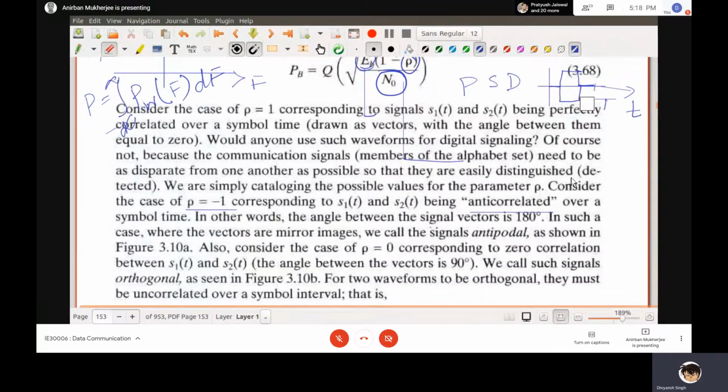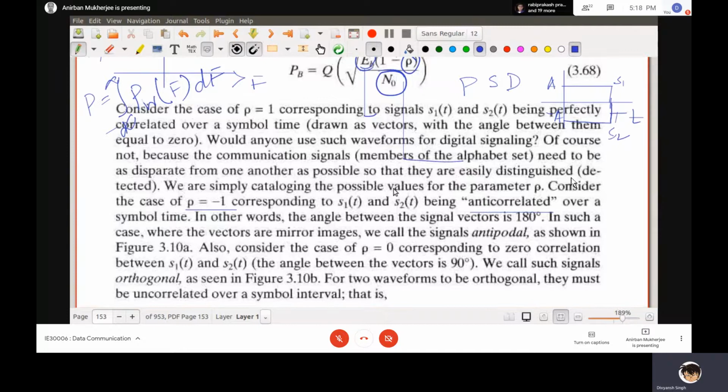Or I can choose, for this capital T, this is A for S1(t), and S2(t) is minus A. In that case, you will find that your value of rho will always be minus 1. So this is an anti-correlated signal, and in that case rho will be minus 1.